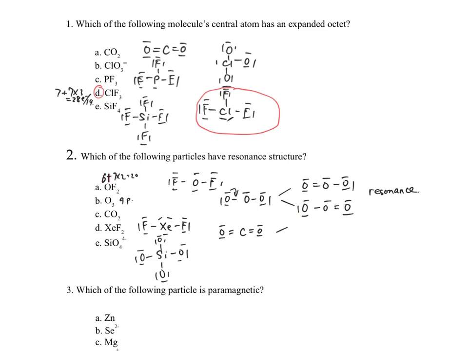But some people did this, and yes, this does satisfy the octets of both oxygens, also with 8 pairs of electrons. And people are telling me that they believe this is a resonance structure. I've also been emailed links on the internet saying that this is resonance.